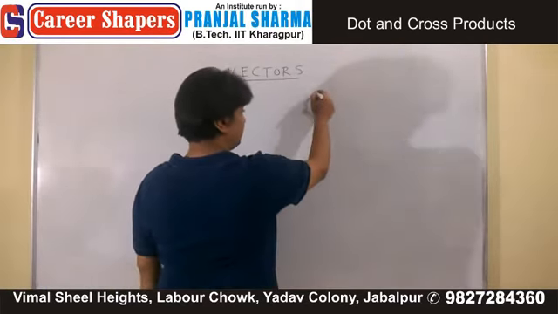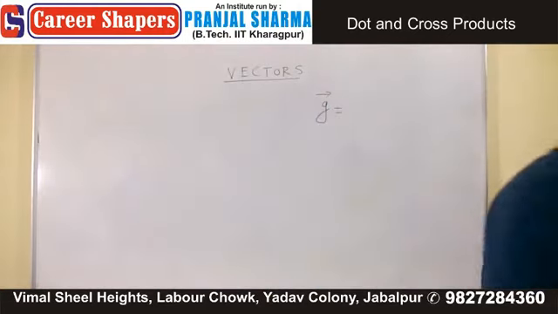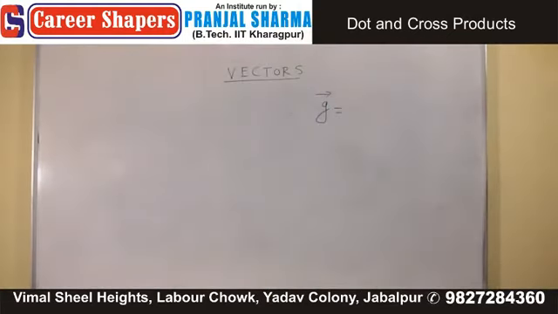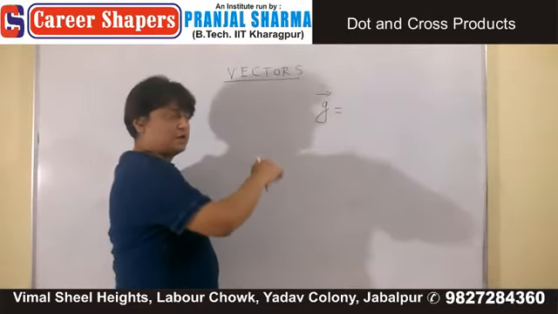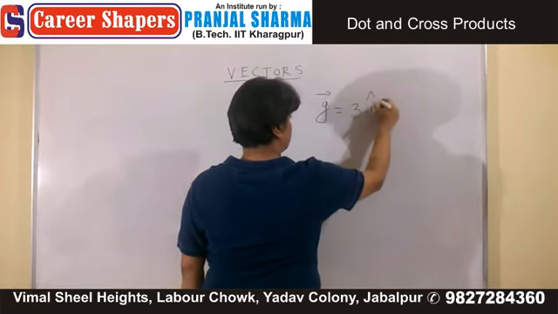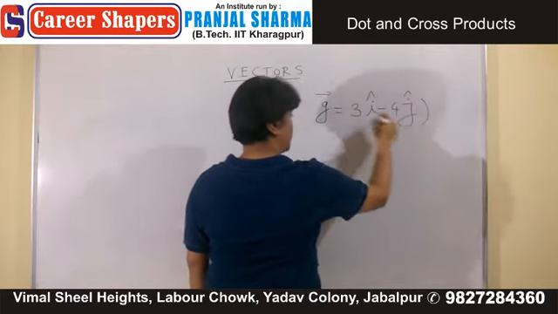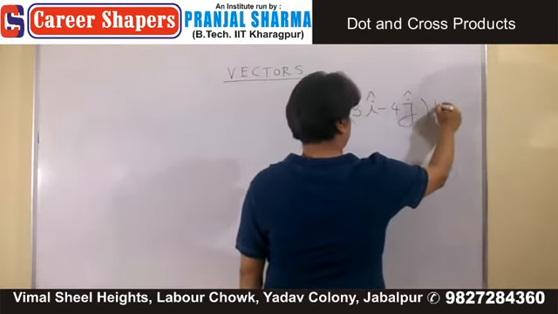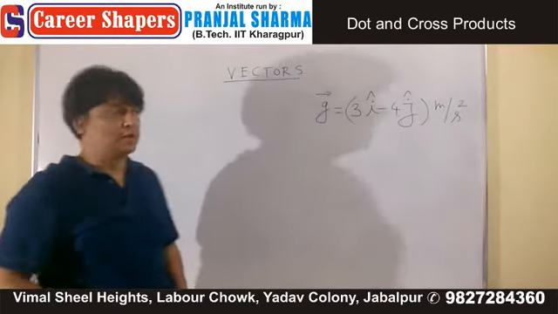Suppose gravitational field of an object is given by 3 I cap minus 4 j cap meters per second square.